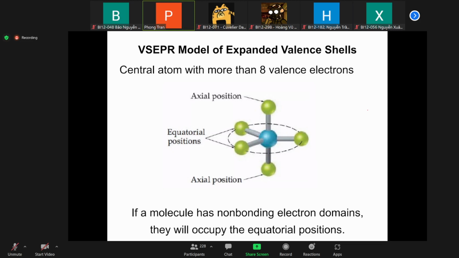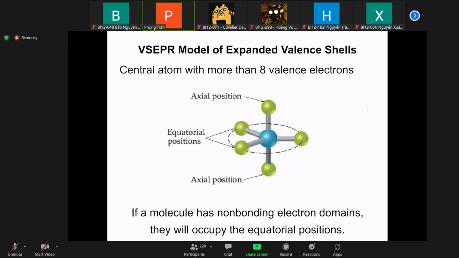So you can have a central atom making chemical bonds which has more than 8 valence electrons. In the case of more than 8 valence electrons, the geometry will go further than the tetrahedron. A tetrahedron means you have 4 identical covalent bonds.